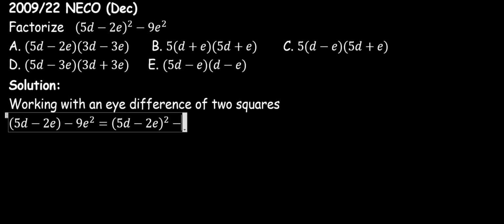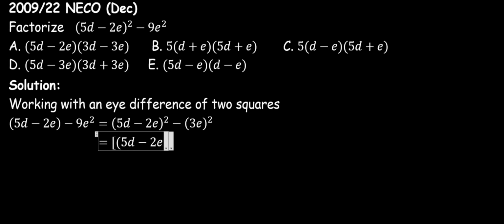We've just tried to make the 9e squared, knowing that 9 is the same thing as 3 squared, so that we can get a perfect expression that aligns with x squared minus y squared. Now, since we have arrived at that, we can go further to give the result, which is (5d minus 2e minus 3e) into another bracket (5d minus 2e plus 3e).